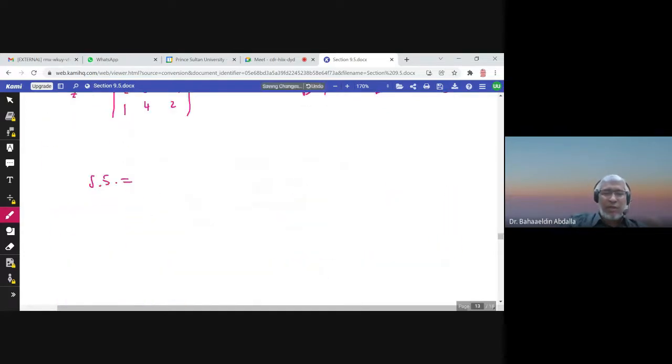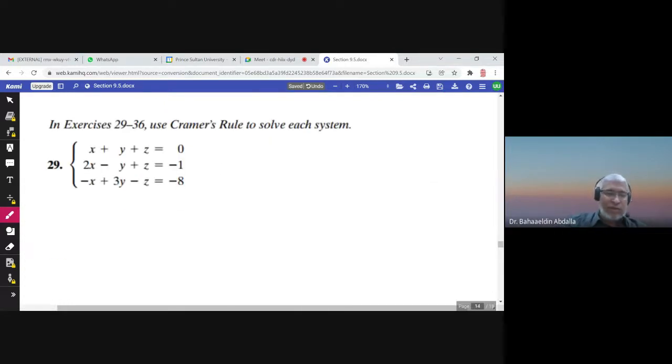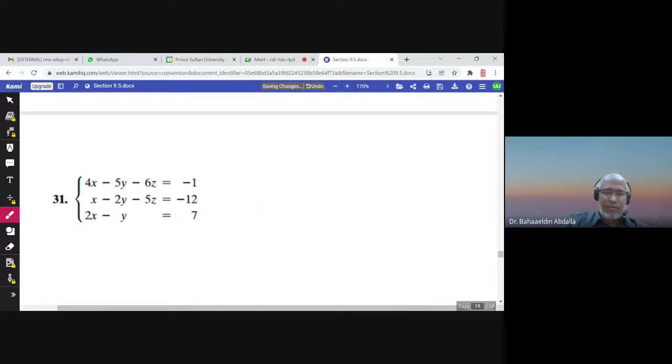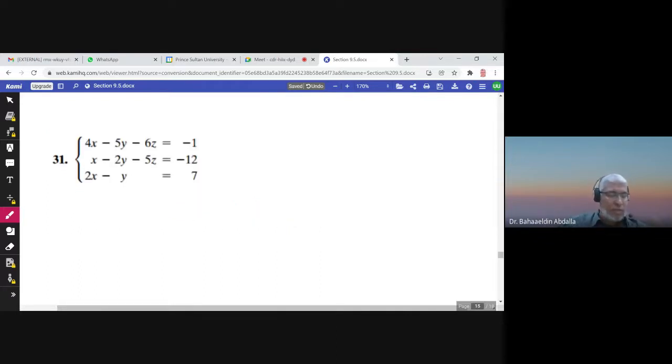The answer here is the ordered triple 2, -3, and 4, to check your answer. And the answer in 29 is -5, -2, and 7. And the answer in 31 is 2, -3, and 4.